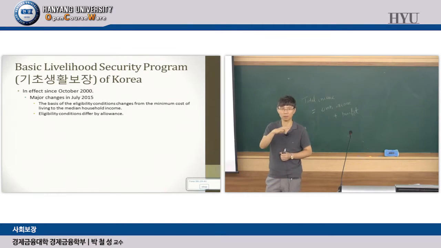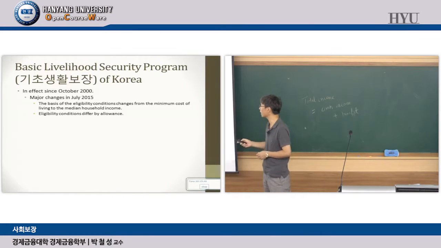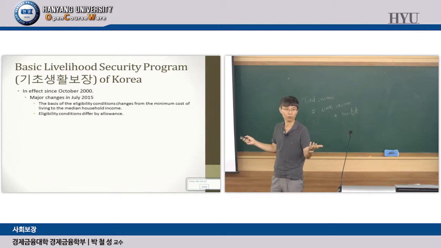So they look at whether this household has, for example, 40% of median household income, that kind of thing. So in a way, they changed the basis from absolute poverty to relative poverty. That's one big change.